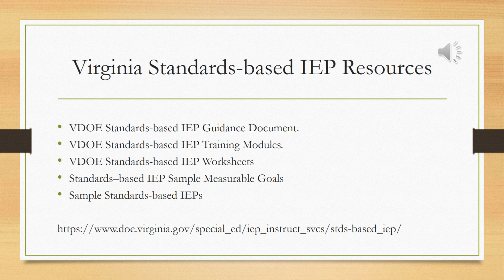We'll also be reviewing the standard-based IEP worksheets. These are basically templates that can help lead you through the process of including standards in an IEP. We'll also look at some sample goals and an actual sample of a standards-based IEP. All of these resources are available at the link below.